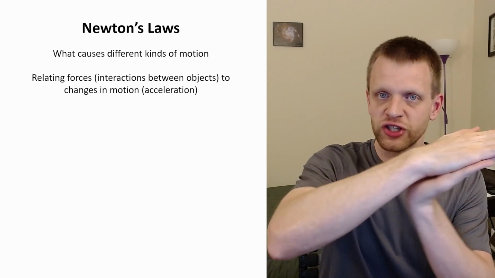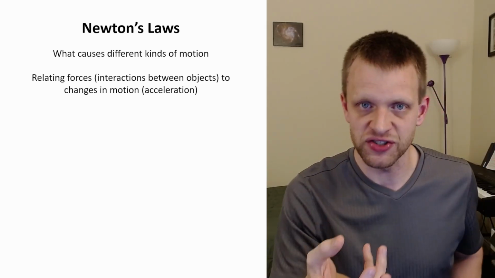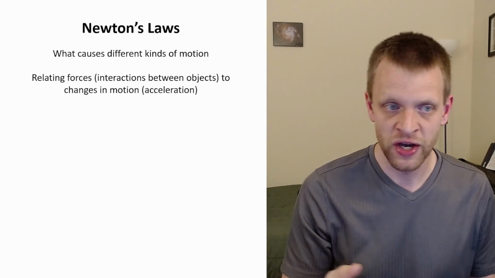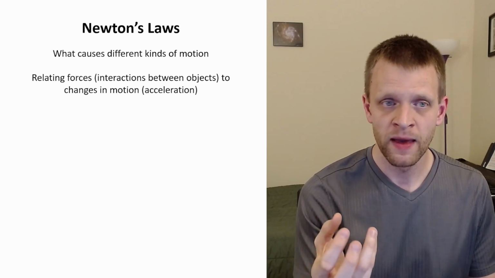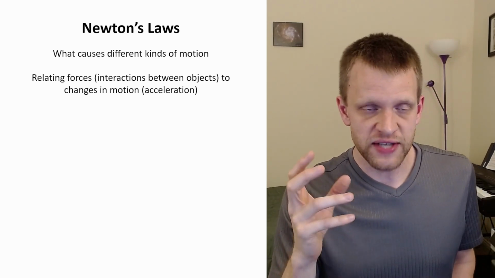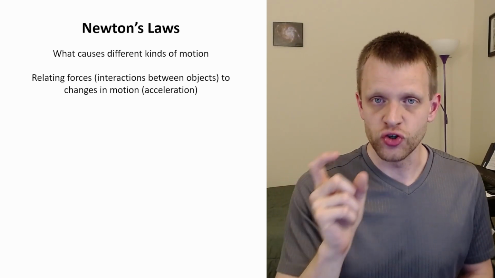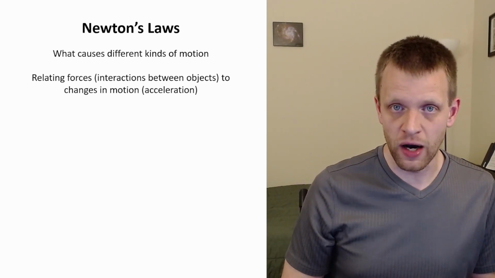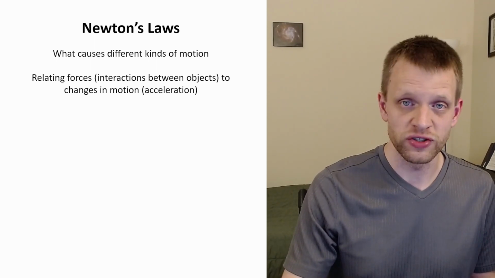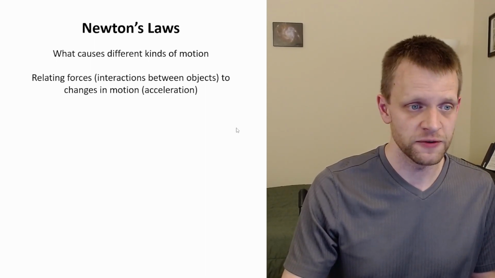If I have friction, it's those two surfaces rubbing against each other. They're all interactions between different objects. And Newton's laws takes those forces and relates those forces to how the motion of the object is going to change. What is going to be the acceleration of that object?